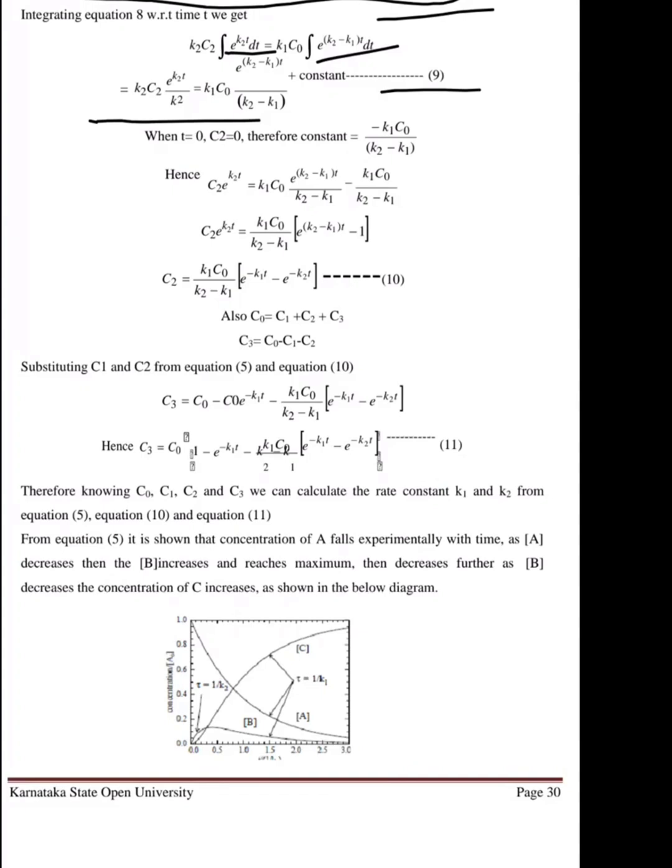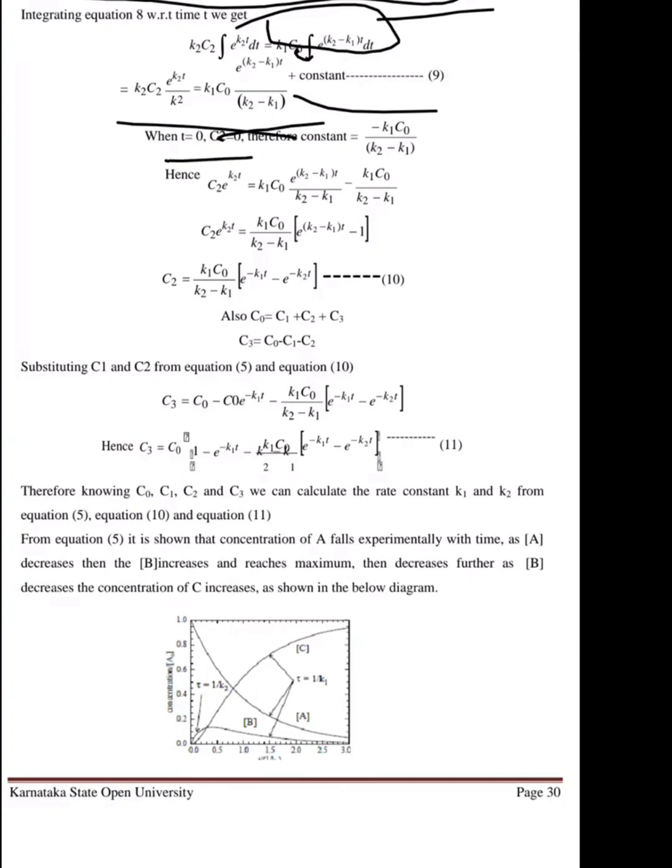It can be written as C2 e to the power of K2 t, on the right hand side K1 C naught e to the power of K2 minus K1 t divided by K2 minus K1, plus a constant.